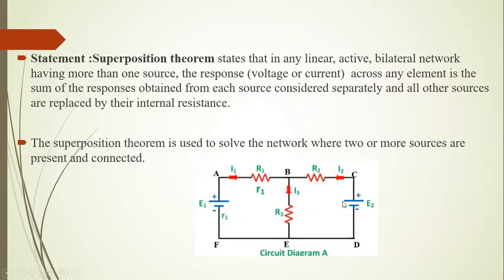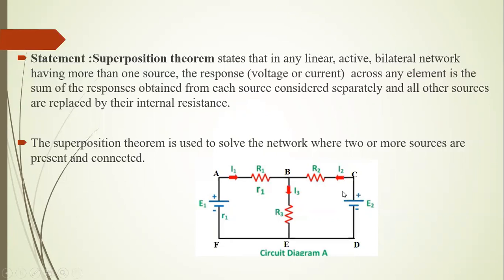According to superposition theorem, if I have to calculate the current flowing through these three resistors when both the sources are present, rather than considering both the sources together, what can be done is, in step number 1 we consider, for example, E1 acting alone and E2 replaced by its internal resistance, and the current flowing through these three resistors will be found.